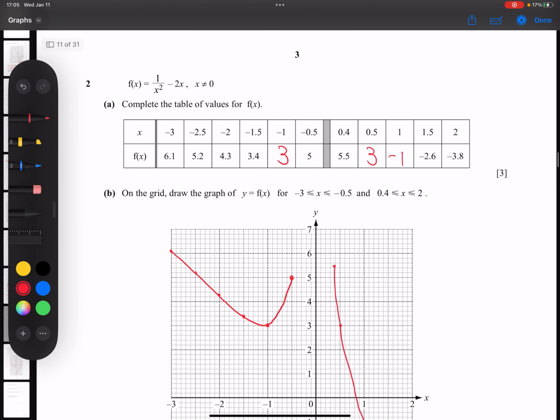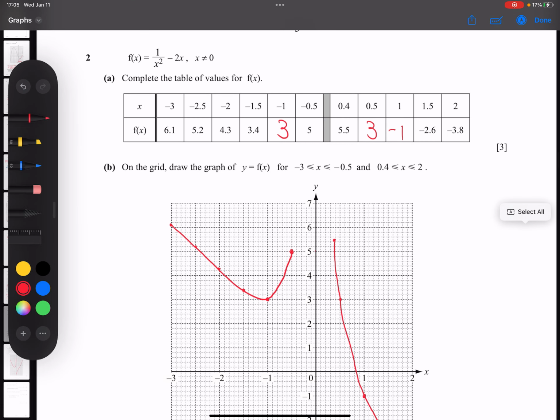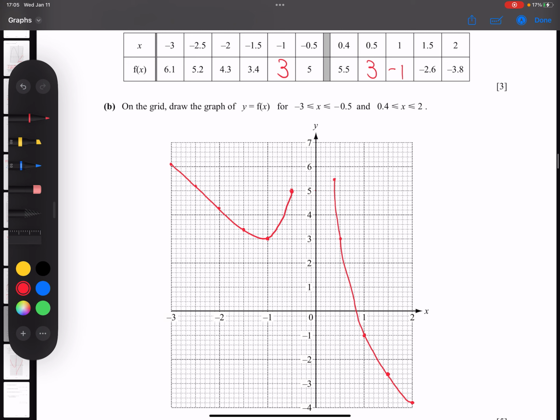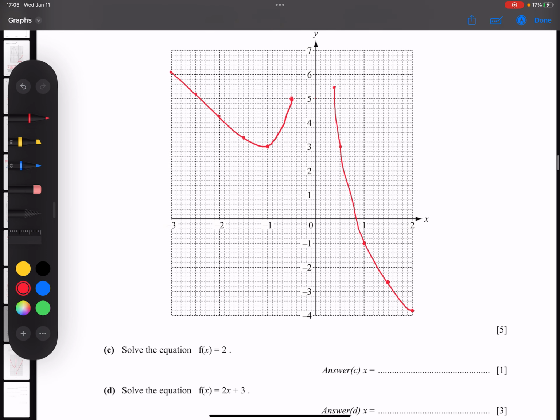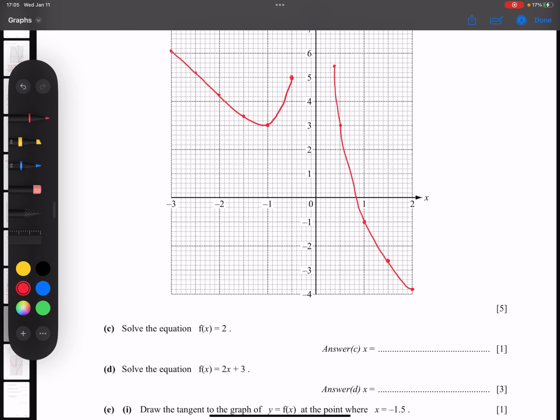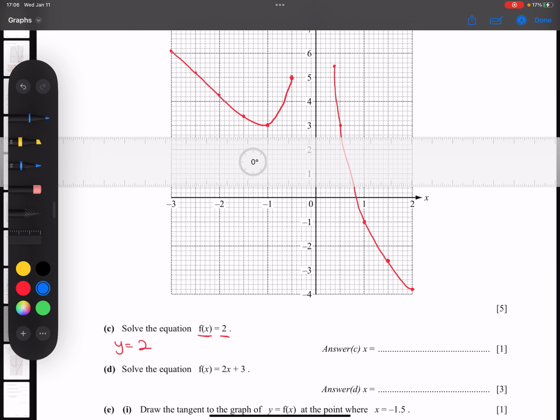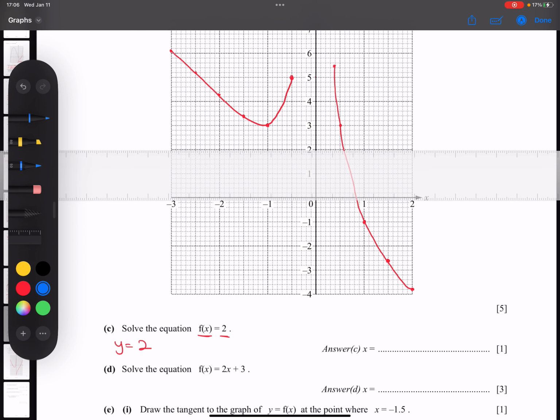Moving on, again, I plotted this already. I used my calculator, then I plotted the graph, and then I'm going to answer the question. So solve f of x equals 2. f of x is your graph, that's your straight line, so y equals 2. So you're going to take your ruler again with a blue line to make it more visible. y equals 2 is this line over here.